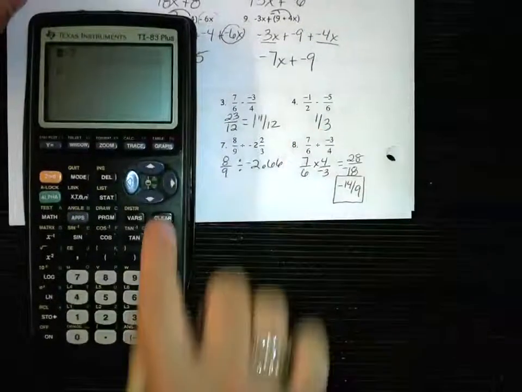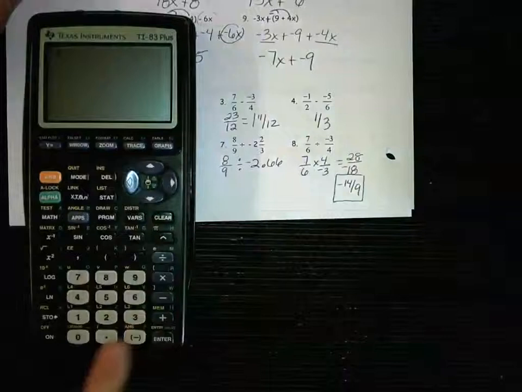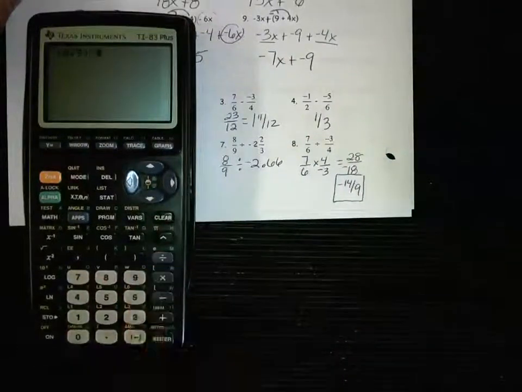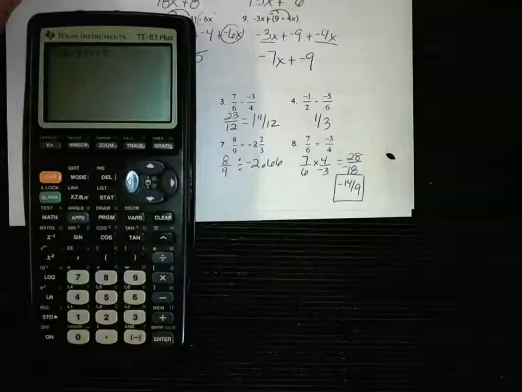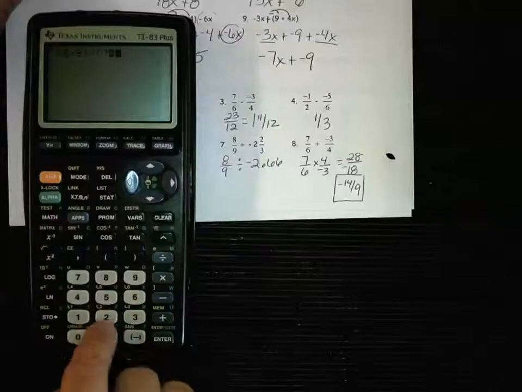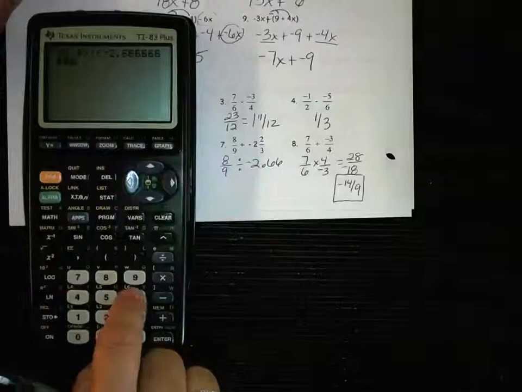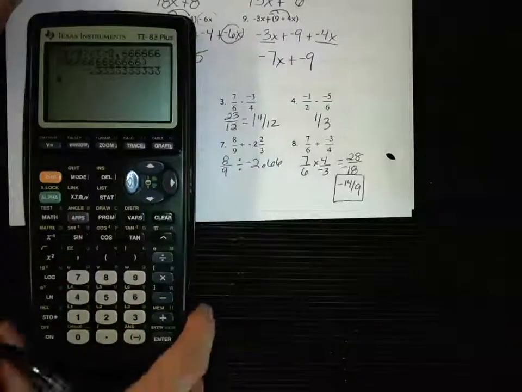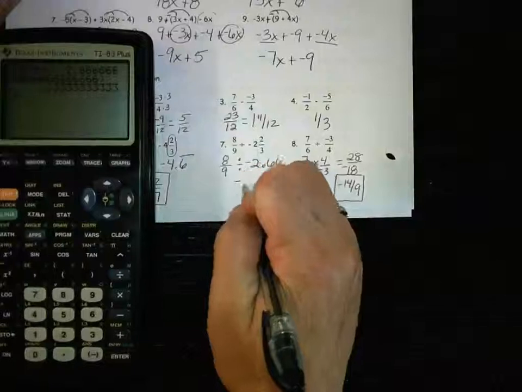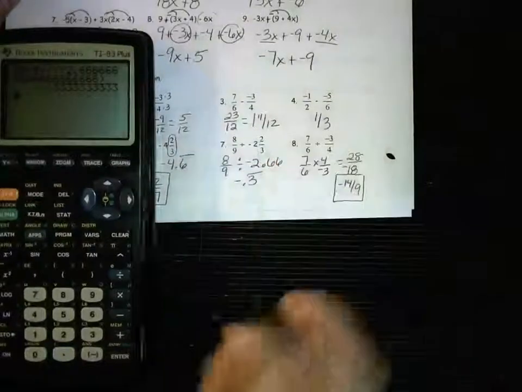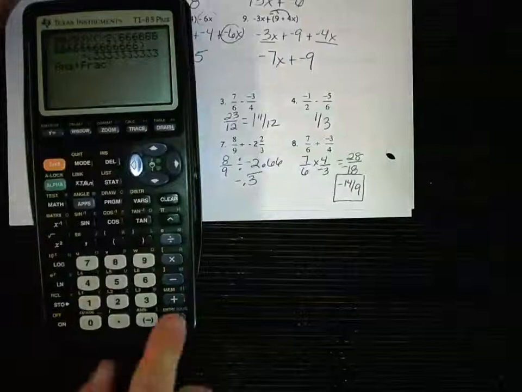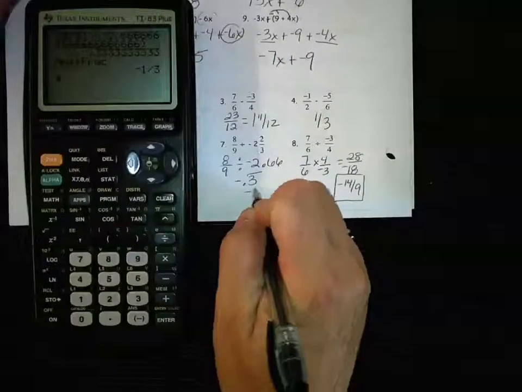When I enter that on my calculator, parenthesis 8/9 divided by, I'll do the parenthesis again, -2 point, and press the 6 a bunch of times. Enter. It's -0.3 repeating. And then if you hit your math key and 1, that is -1/3.